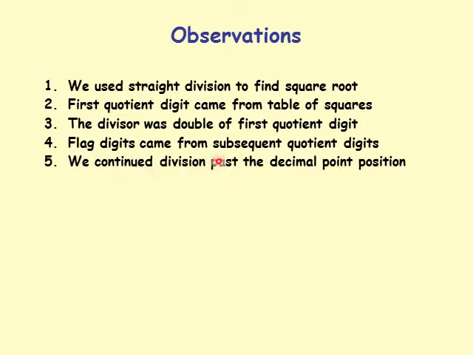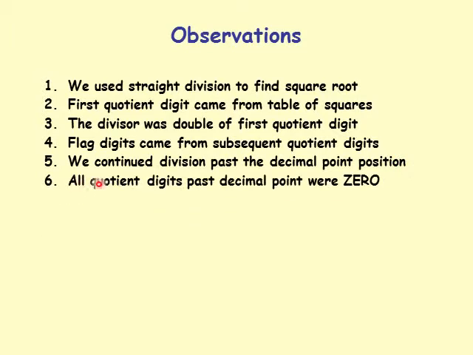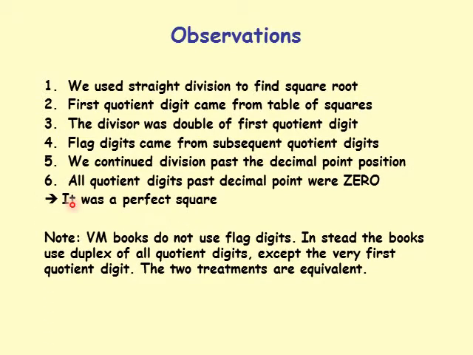We continued the division past the decimal point section. All quotient digits past the decimal point were 0. In this example, everything was 0 after the decimal point, so it was a perfect square. Note, Vedic Math books do not use the flag digits.